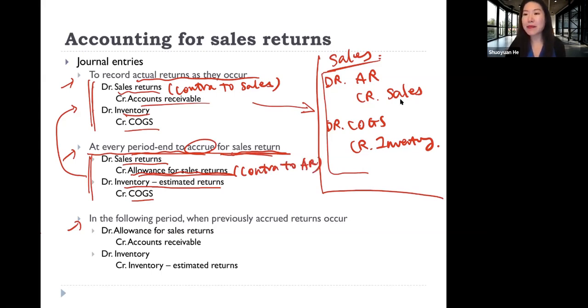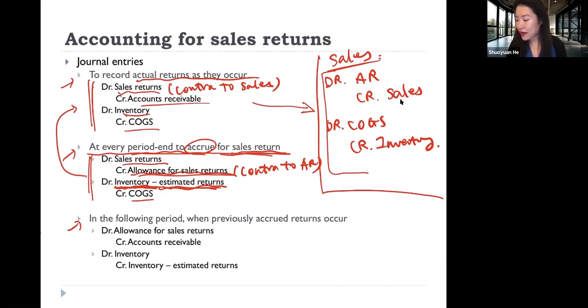It is my estimation of how much accounts receivable may not be received in the future because of this possible future sales return. And instead of debiting inventory, I debit inventory estimated return, because that inventory hasn't really been returned to my warehouse yet. Those are the estimated inventory that may be returned to my warehouse in the future.